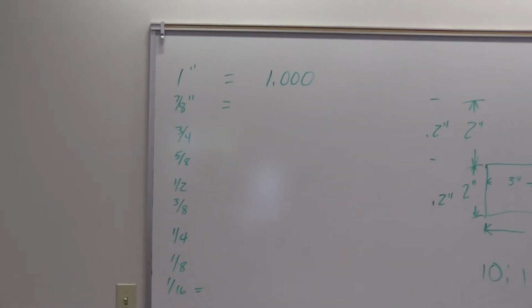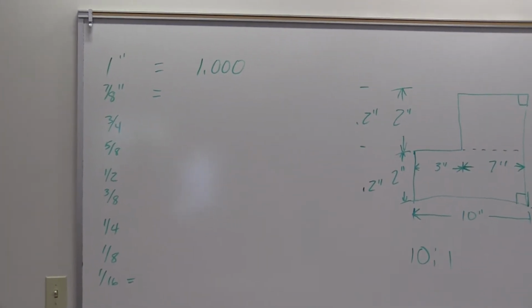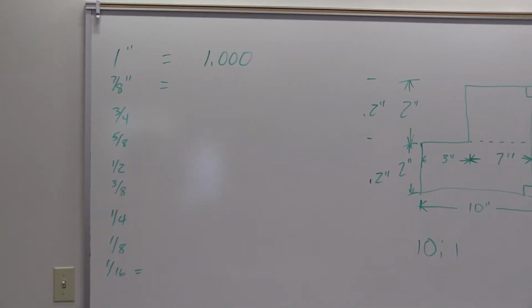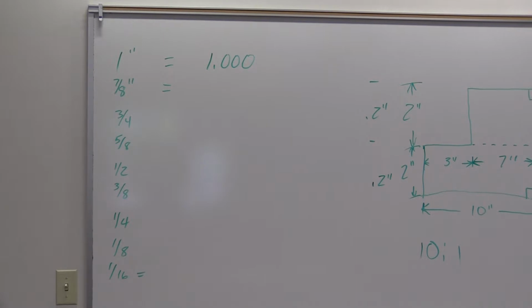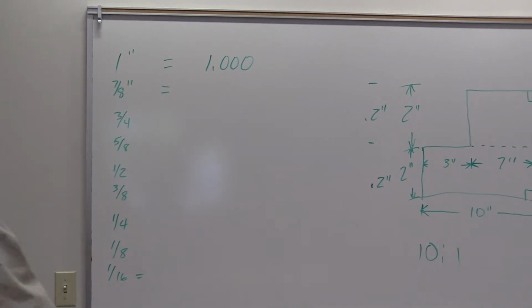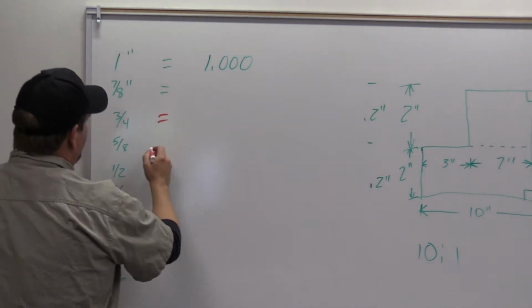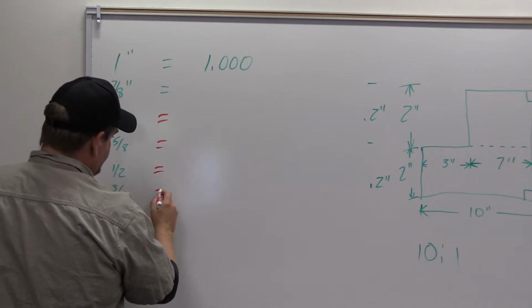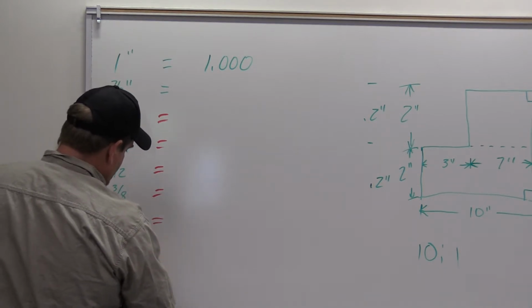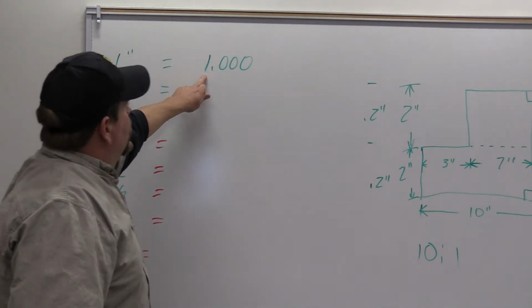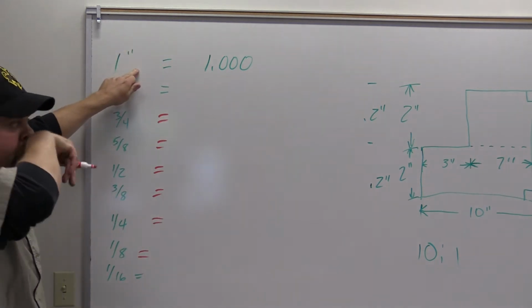So now we're going to talk about just breaking down inches into fractions again. We talked about it. We're going to do a lot faster version in the top of our head. .0 is 1 inch.